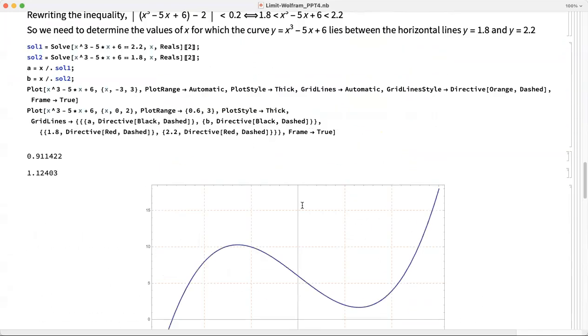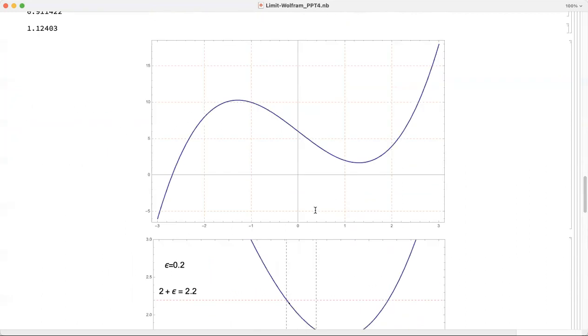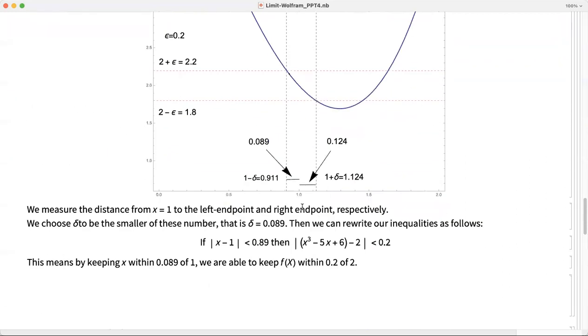We'll figure out the distance from here to here, and here to here. So we choose delta to be the smaller of these numbers, that is, delta is 0.089, and then we can rewrite our inequality as follows.